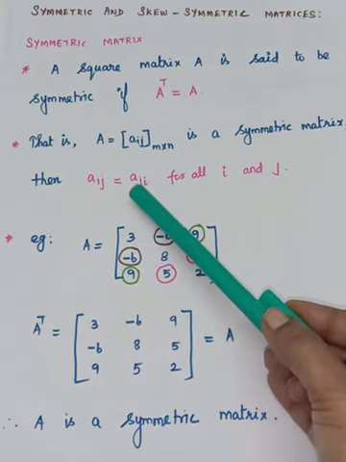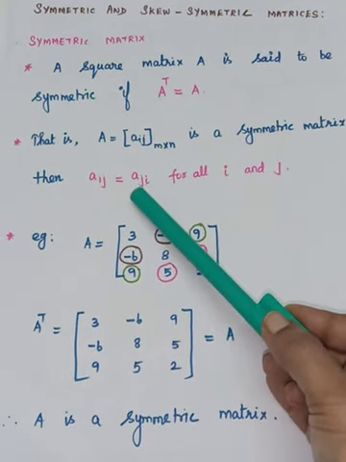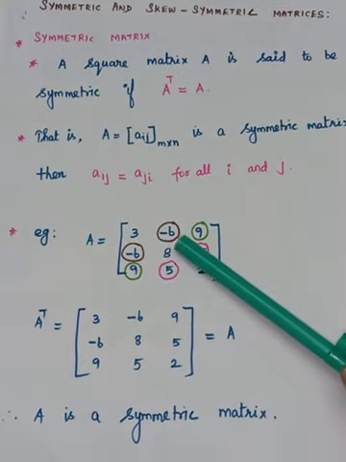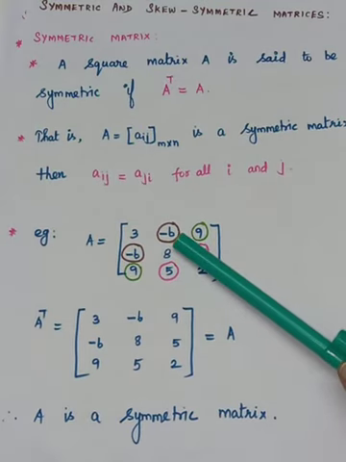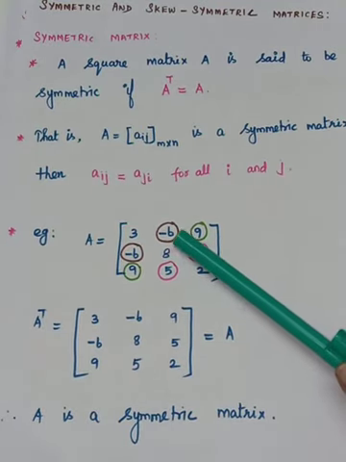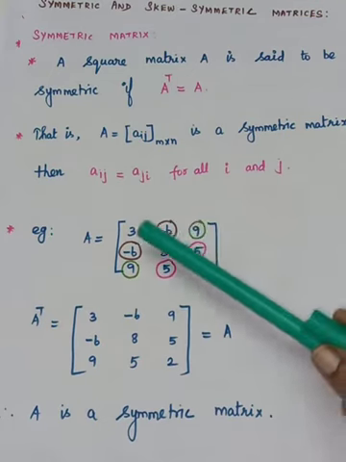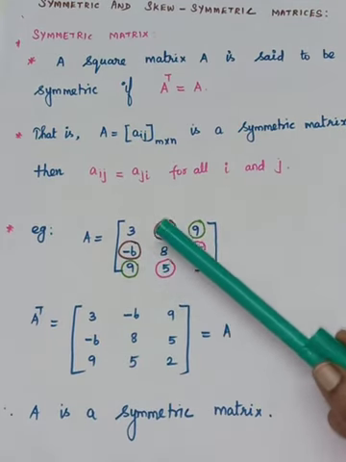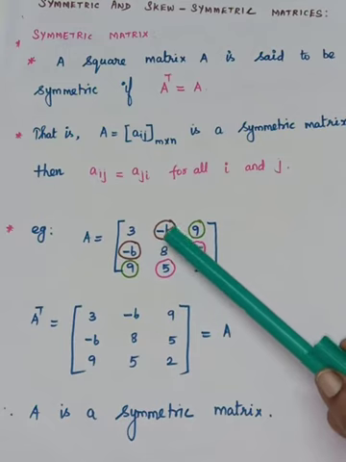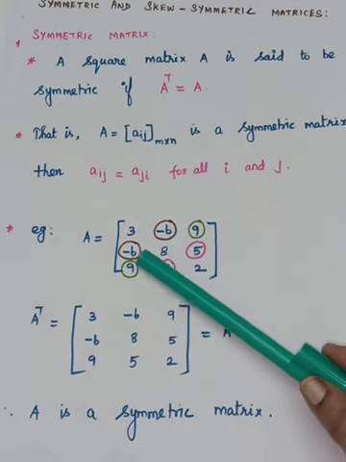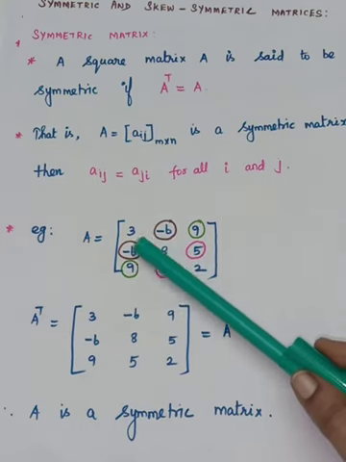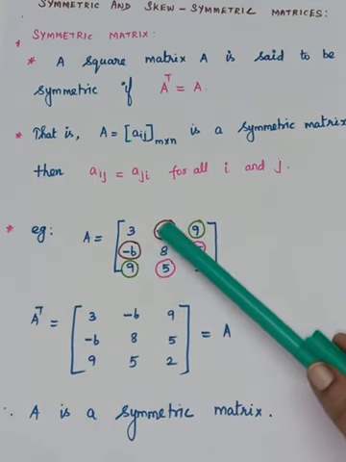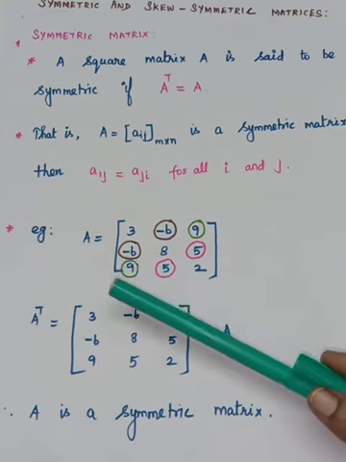So look at this A12, what is it? It's the first row, second element, that is minus 6. It should be equal to A21. So minus 6 and minus 6, both are there: this minus 6 is in A12 and this minus 6 is in A21. Only when they are equal is A transpose equal to A.